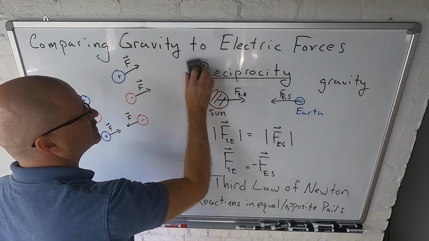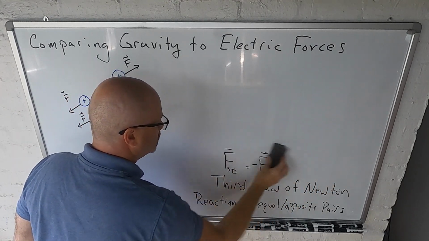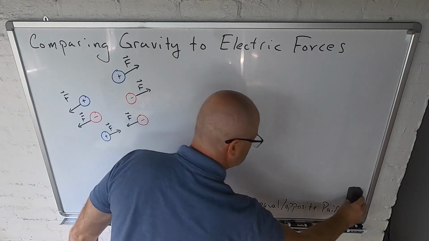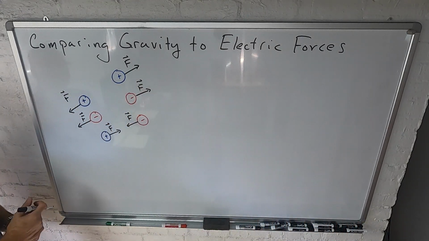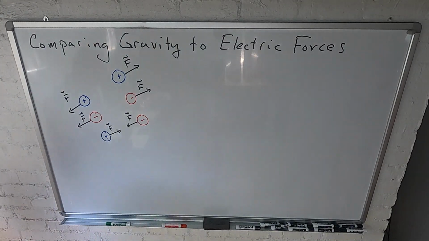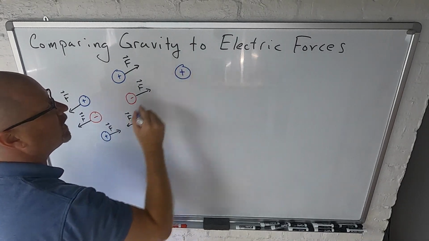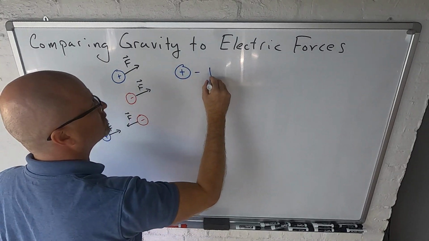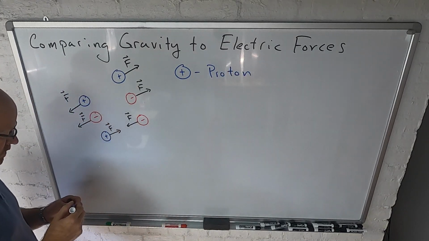That also applies to electric forces. And so the electric force is the force felt between fundamental particles, such as, in this case, I've labeled them in different colors. We might have a positive charged particle. This might be a proton, for example, what you find in the nucleus.